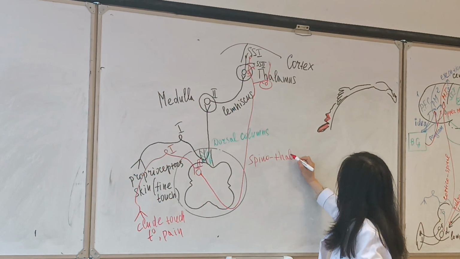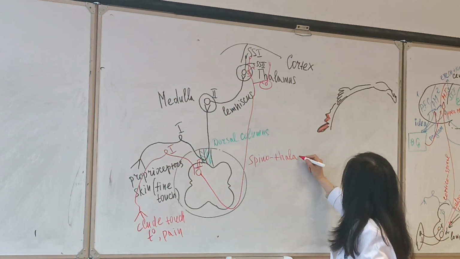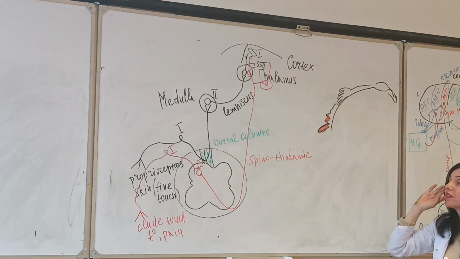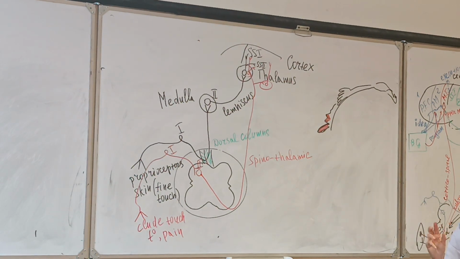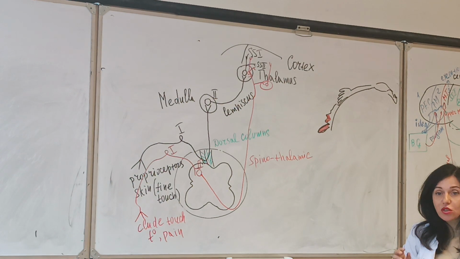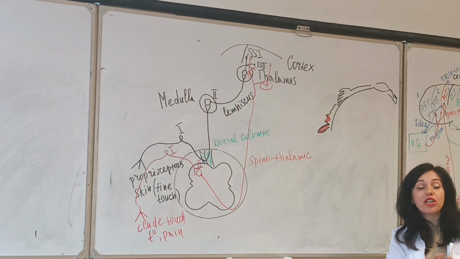It goes to primary somatosensory and associative area. The principal difference of the spinothalamic tract is that it doesn't have a good somatotopic map, so it's difficult to define location exactly.